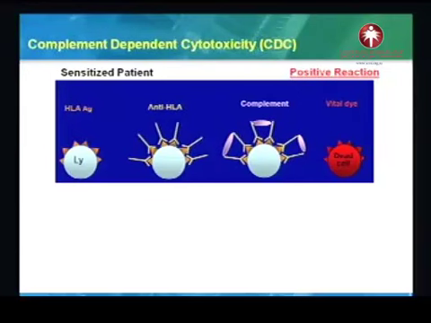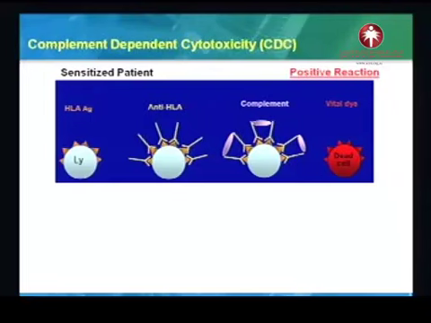The basic principle of complement-dependent cytotoxicity, CDC for short: if we have a patient who is sensitized, which means he has anti-HLA antibodies, we incubate his serum with lymphocytes carrying HLA molecules for some time, and these antibodies will find their target and bind to it.